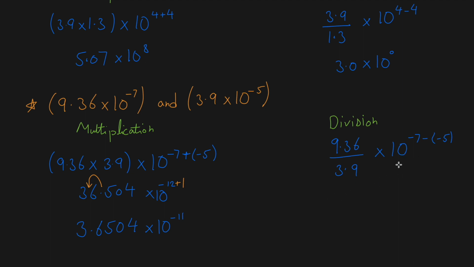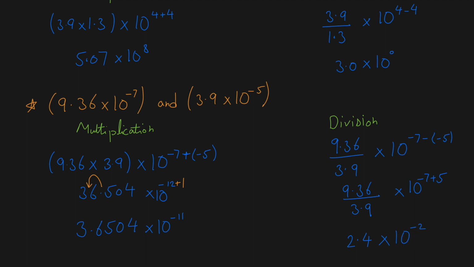Okay, I'm going to just write it as it is here, times, so it will be 10 power minus 7 plus 5. So we'll have the final answer 2.4 times 10 power minus 2.